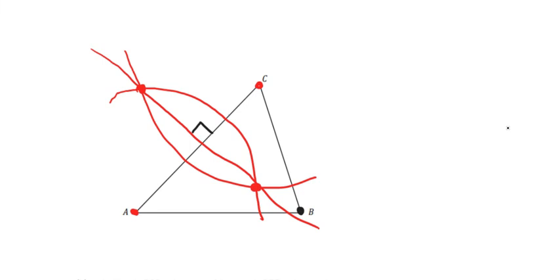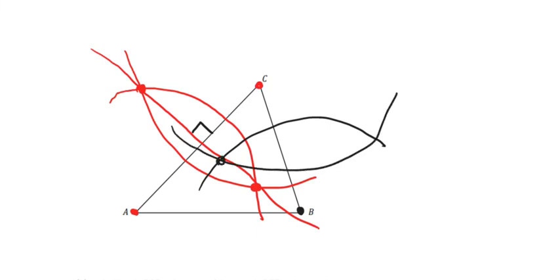Put the pin of your compass on B, stretch your pencil out so that it's more than halfway up, so maybe up to there. Then draw an arc, so your arc will look something like that. Don't move the pencil in or out. Put the pin on C and construct another arc, something like that. You'll get a point there and a point there, and you draw a line through it like that.